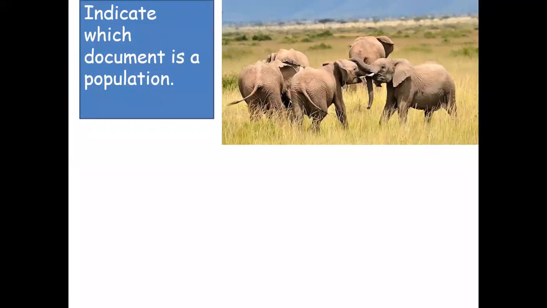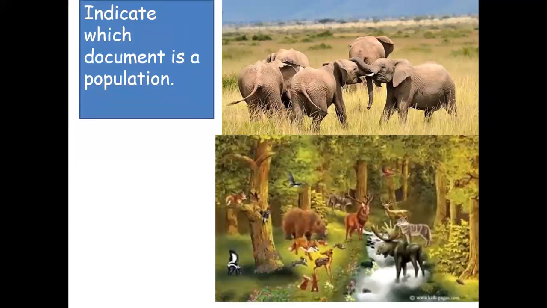Here, indicate which document is a population. Look at these two different documents. Here I have only a group of elephants, while here I have a group of different kinds of animals. So which one represents a population?